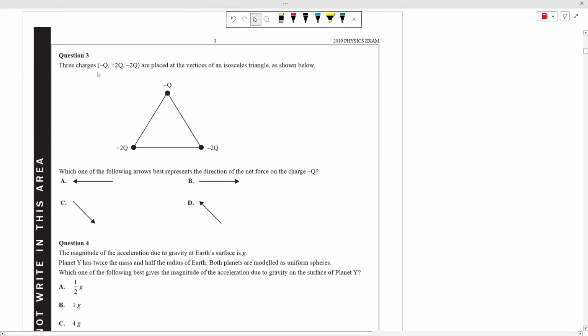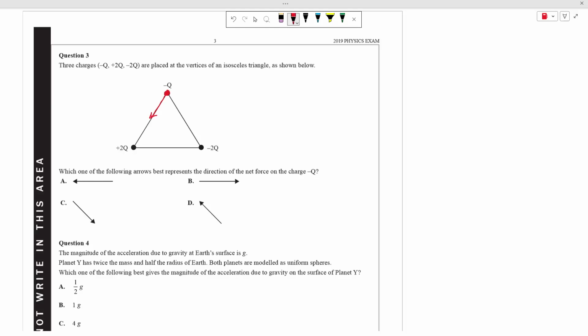Question 3. 3 charges, negative Q, plus 2Q, and minus 2Q, are placed at the vertices of an isosceles triangle as shown below. Which of the following arrows best represents the direction of the net force on the charge negative Q? So we're placing ourselves here as if we were that negative charge, and we're seeing what's the net force on us. So let's look at the force from the plus 2Q charge, so that would be attracting it towards it. So that would go down like that.